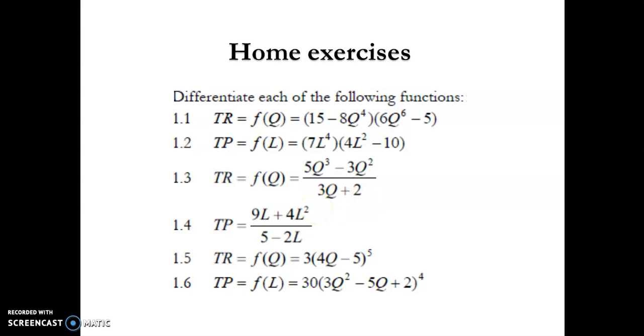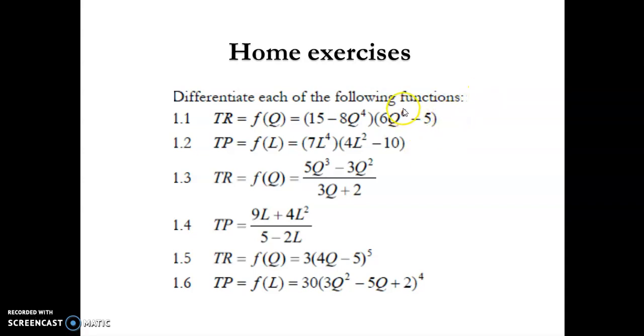The only difference with these functions now is that instead of y and x, you now have variables that make sense in terms of economics, such as your total revenue function, which would be a function of quantity, or your total product, which would be a function of labor, etc. So please attempt these additional exercises. And like I said, the only difference is that these are now replaced with economic variables.